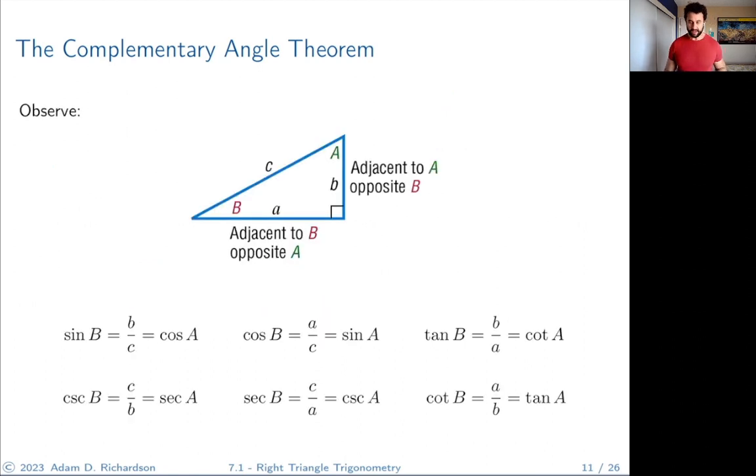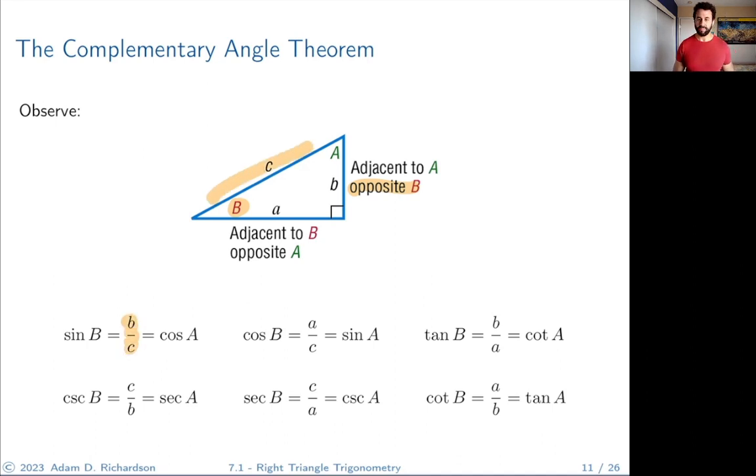Okay, now there's an interesting connection between these complementary angles, and this picture details it. So let's focus on the angle B for now. If we focus on the angle B, then we can use SOHCAHTOA to figure out what sine and cosine and tangent are. So sine of B is going to be opposite over hypotenuse, right there.